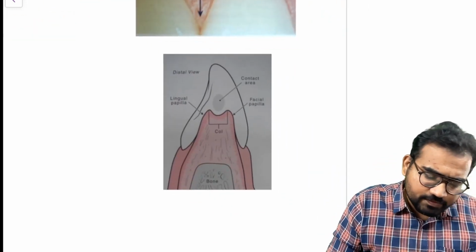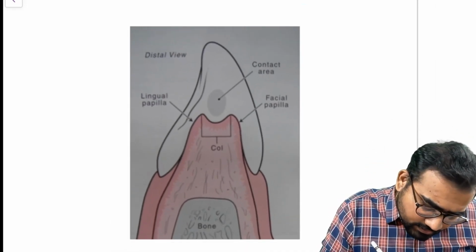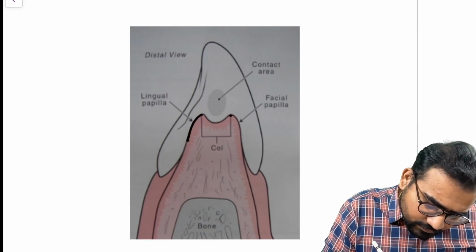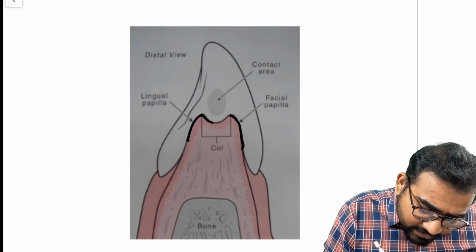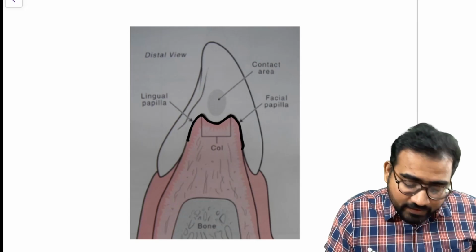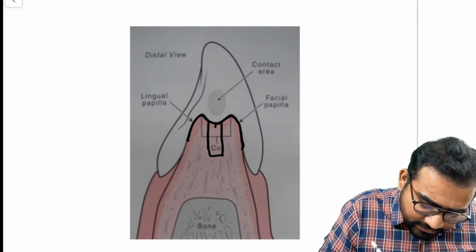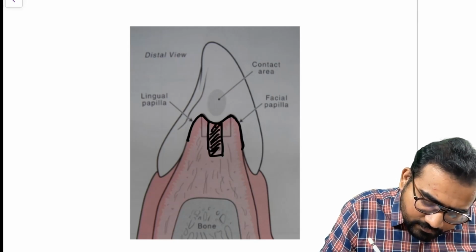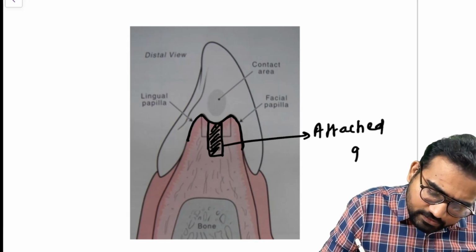Take a look at this picture. This is the lingual papilla, this is the facial papilla, and the facial and lingual papillae meet interdentally, and this intervening portion contains attached gingiva.